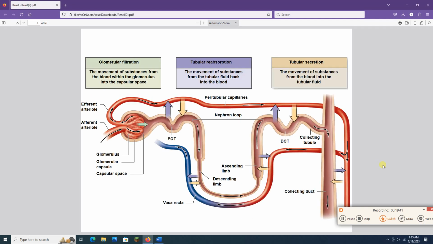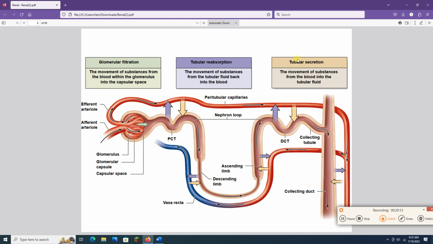So let's recap for a second here. We filter the blood. We end up with this liquid called filtrate that flows through these little tubes. Eventually it becomes urine. But as it flows through these little tubes, it flows alongside blood. And I'm going to reclaim good stuff, stuff that I need, from the filtrate and put it back in the blood. That's called reabsorption. I'm going to add bad stuff, or stuff that I don't need, from the blood to the filtrate.